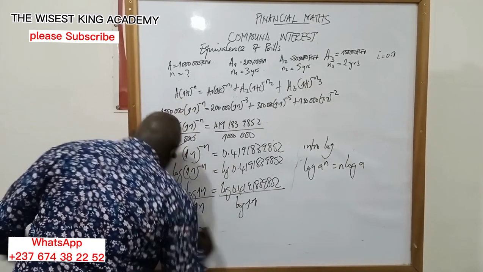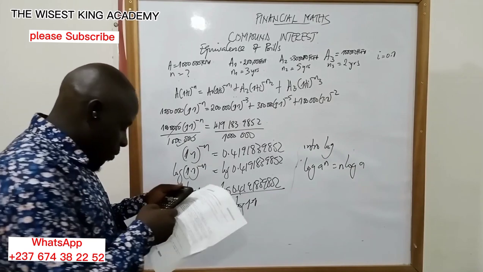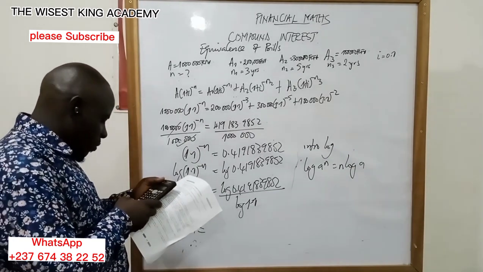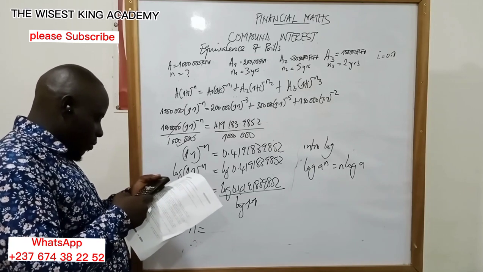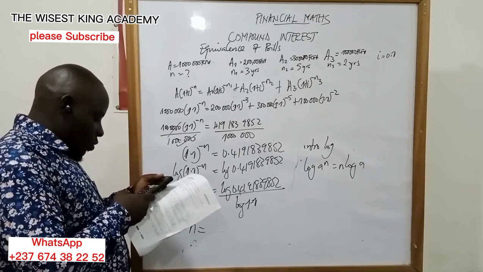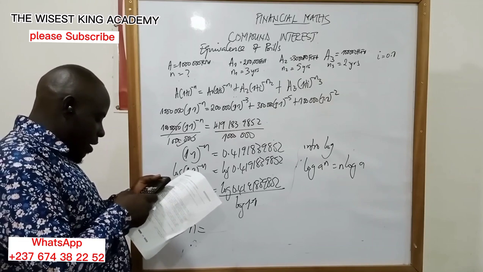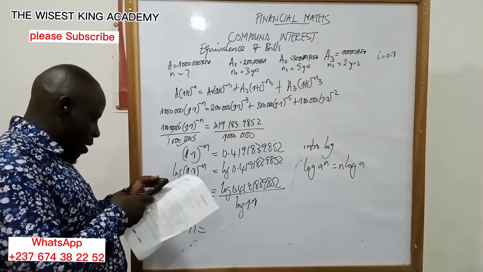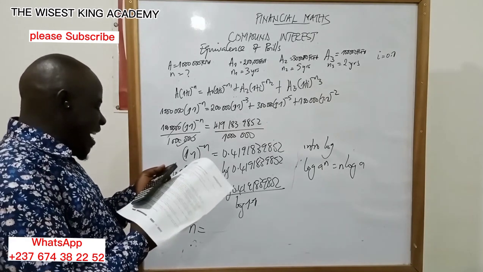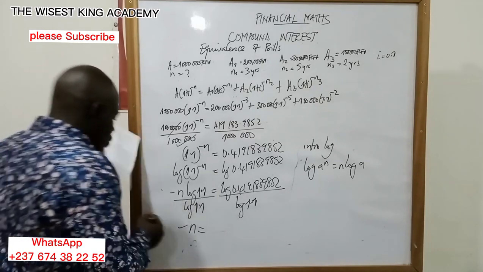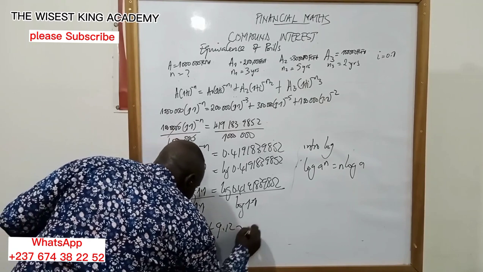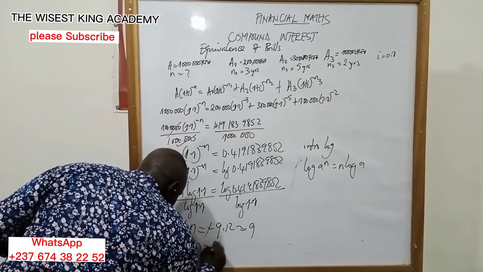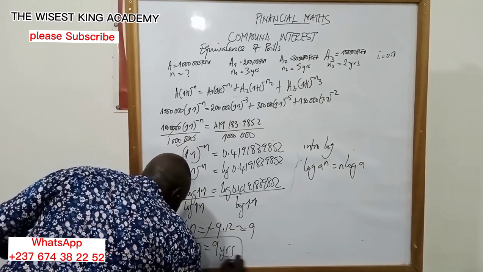So negative n will be equal to log of my answer divided by log 1.1. This is negative 9.12. The negatives cancel. This is approximately 9. So n is equal to 9 years.